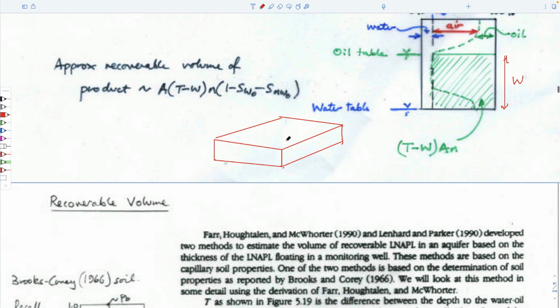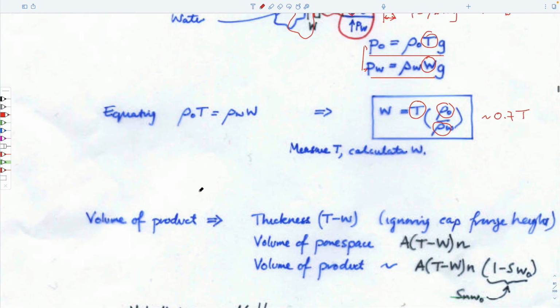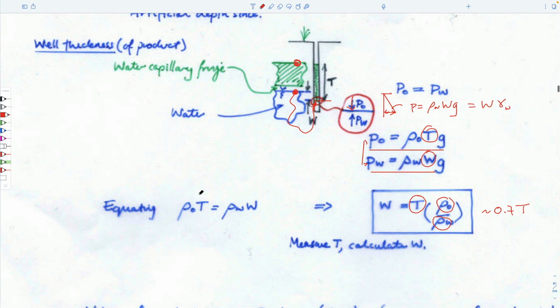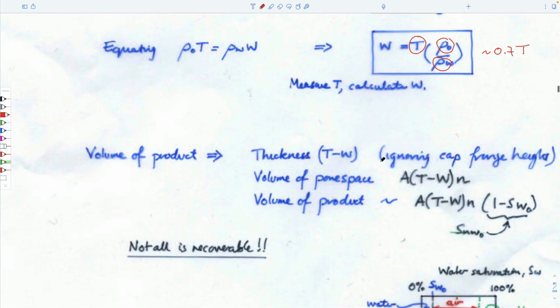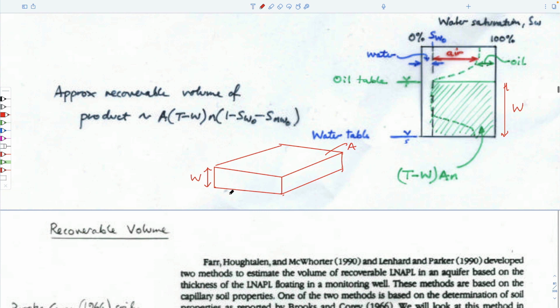And it would be described by an area. It would be described by a real thickness, not the thickness we measure in the borehole, but a real thickness. So this would not be that, right?